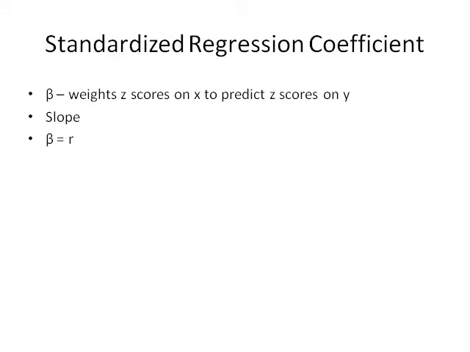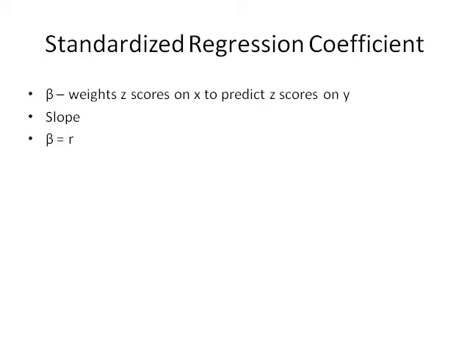In the standardized regression formula, we use beta instead of b, and the name changes from the regression coefficient to the standardized regression coefficient. It is used to multiply or weight z-scores on x in order to predict z-scores on y.